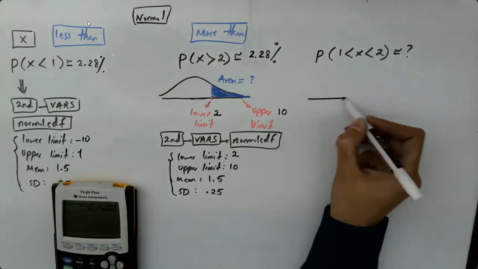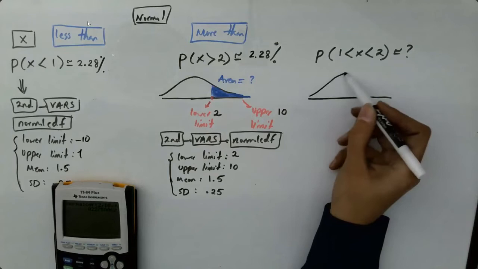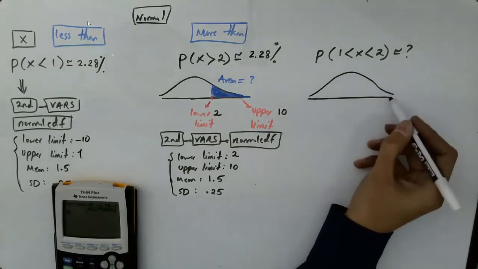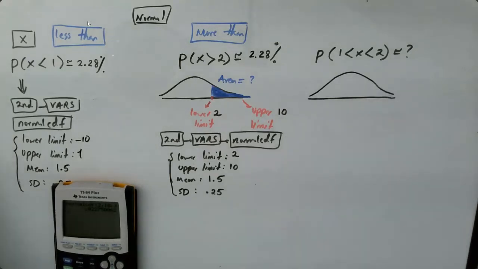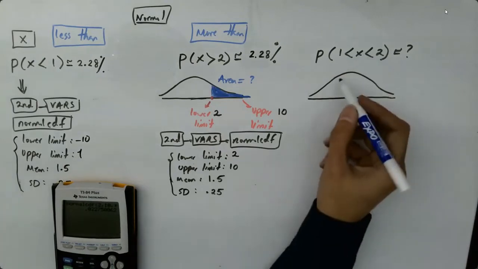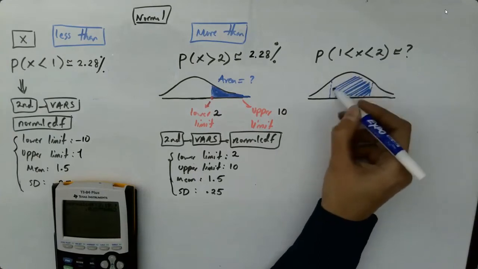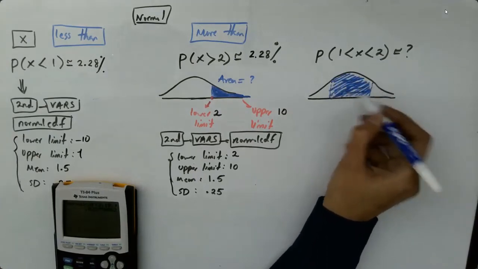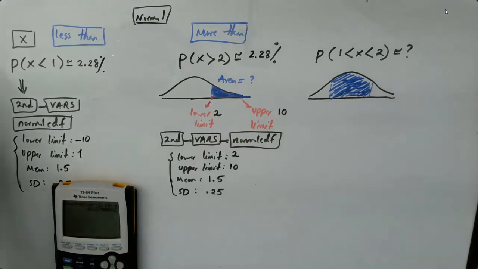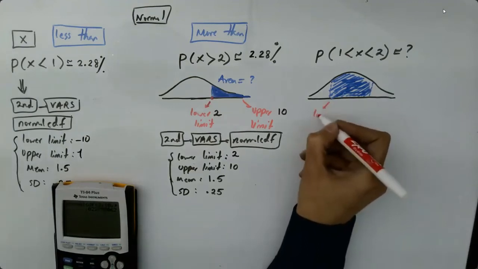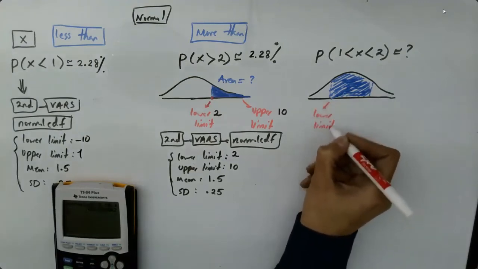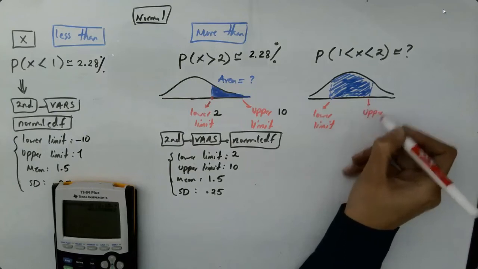It says in between. Now my graph has its lower limit and also its upper limit. Both of them are mentioned in the question. So in general form, in between is going to be the area in between 2 numbers. The lower limit is going to be the smaller number and the upper limit is going to be the larger number. So this is my lower limit, and I have my upper limit.